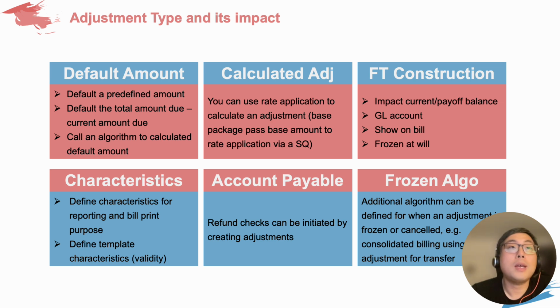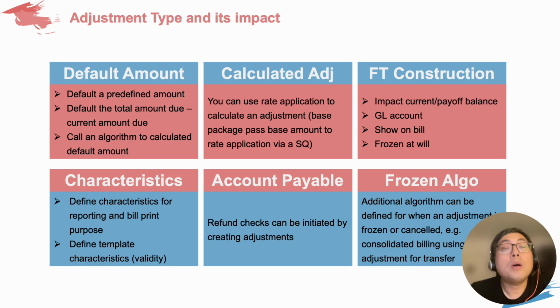Basically, they just say this is the list of characteristics that can be defined on the adjustment. So it gives you an allowable set, just to make sure the characteristic is not added without correct mapping.